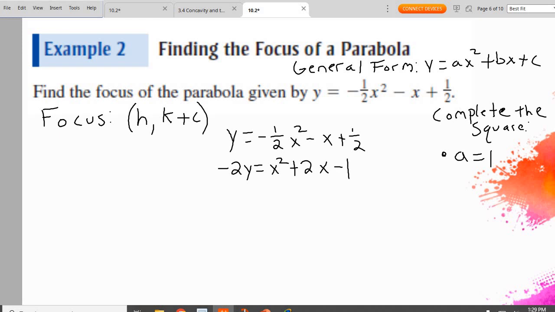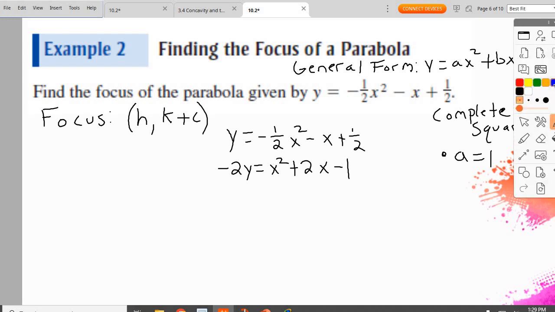So we get that. Are we all okay with how I got there? And why we chose to get there? Because remember that our completing the square steps don't work if that leading value is not 1.